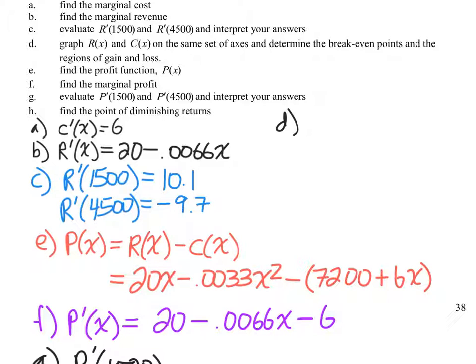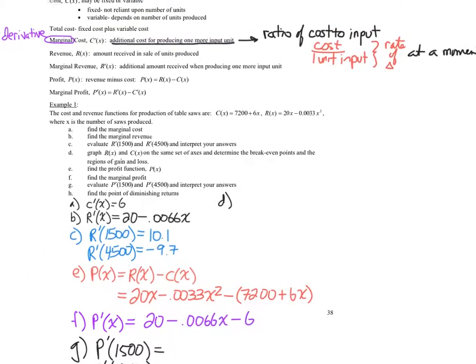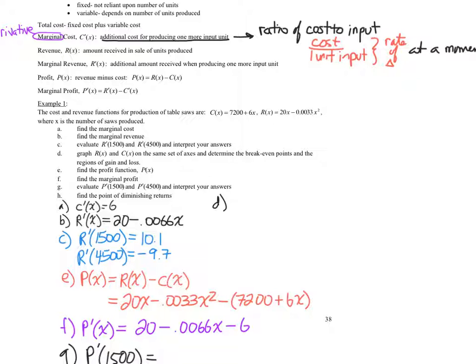All right, so what this is telling us is the additional revenue, or the revenue by including one additional input item. However you want to phrase it, the idea is that you're going to gain a certain amount of revenue or lose a certain amount of revenue for each additional item at a particular moment in time, in this case for a number of items produced.